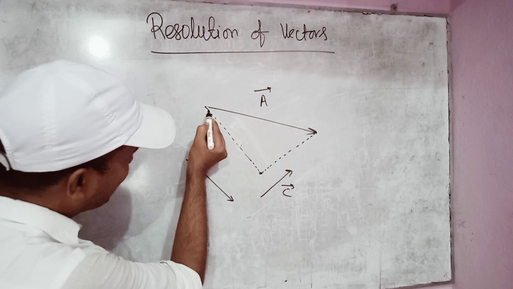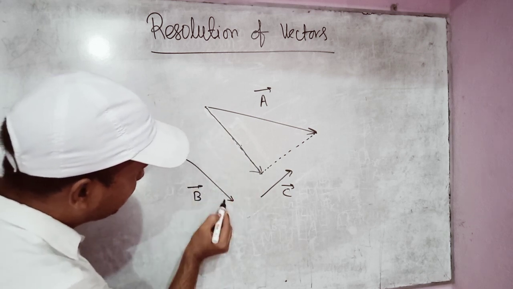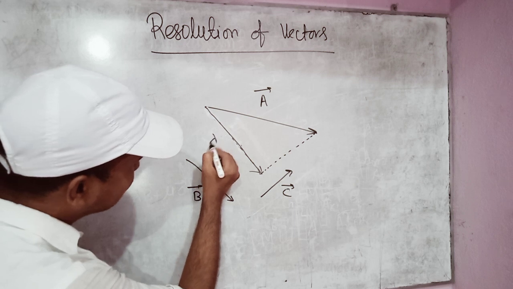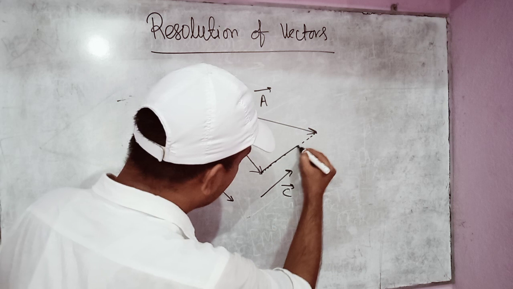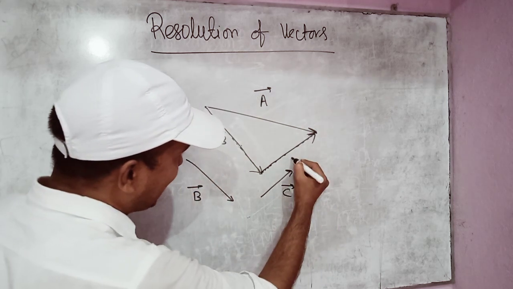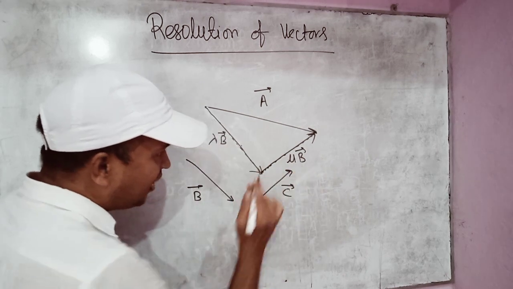So this can be a vector parallel to vector B and it can be written as lambda B. And this can be a vector parallel to vector C and this can be written as mu C, where lambda and mu are real numbers.